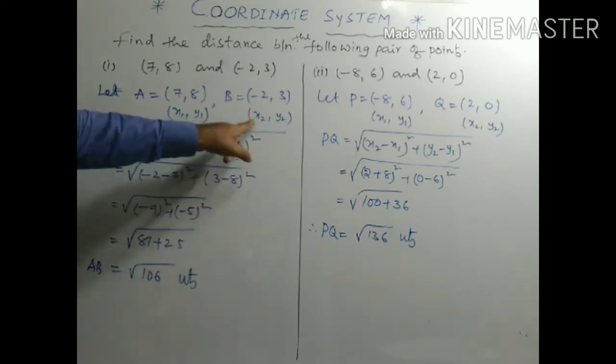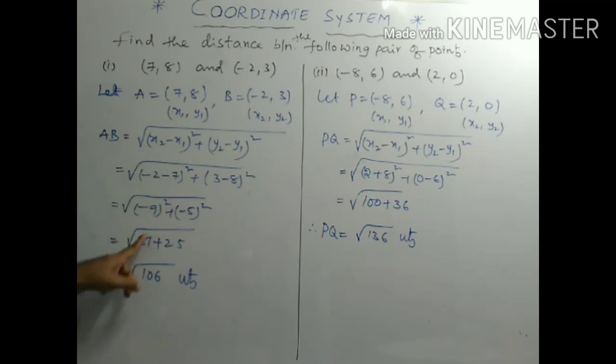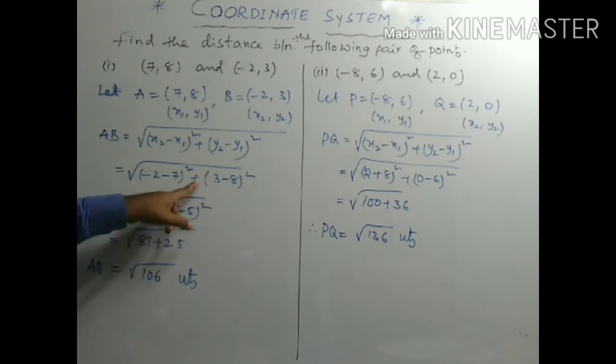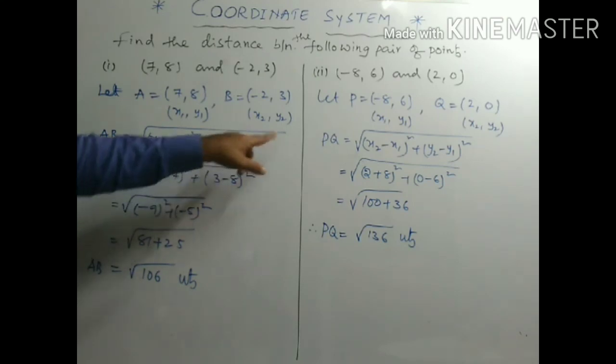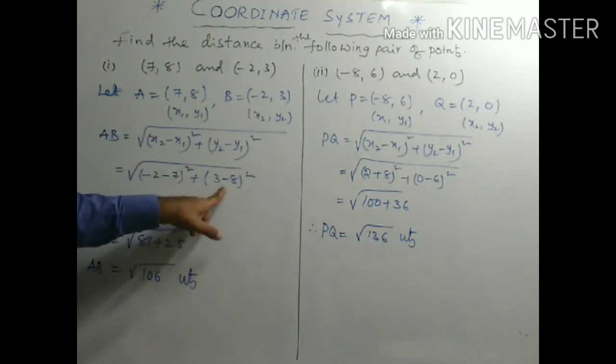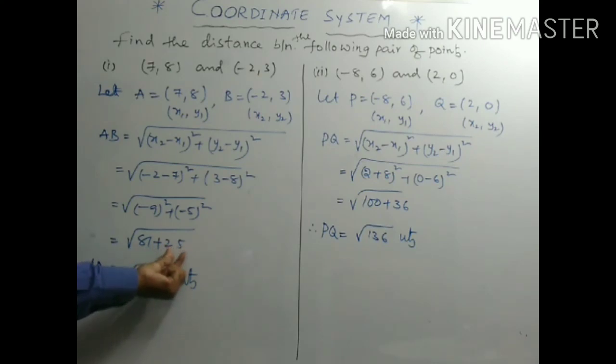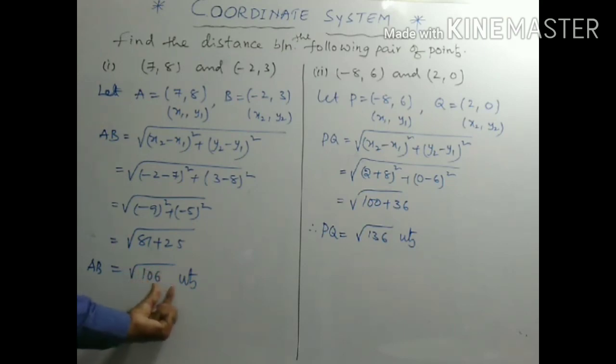So x2, which is minus 2, minus x1, which is 7, so minus 2 minus 7 whole square, which is minus 9 whole square, which is 81, plus y2 minus y1, where y2 is 3 and y1 is 8. 3 minus 8 whole square, which is minus 5 whole square, which is 25. So 81 plus 25 is 106. So AB is equal to the square root of 106 units.